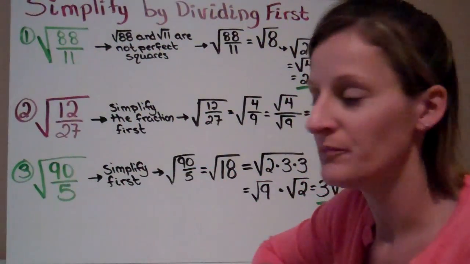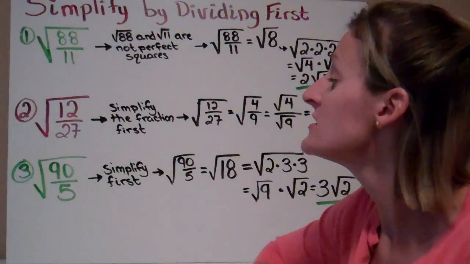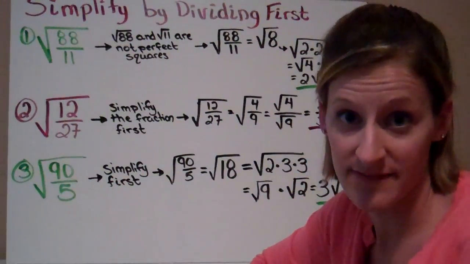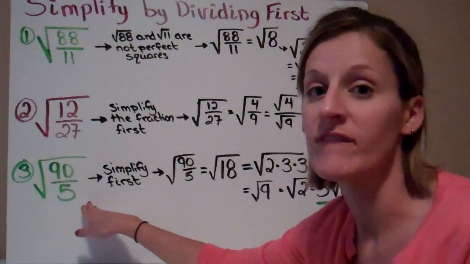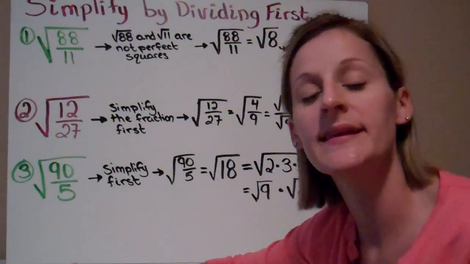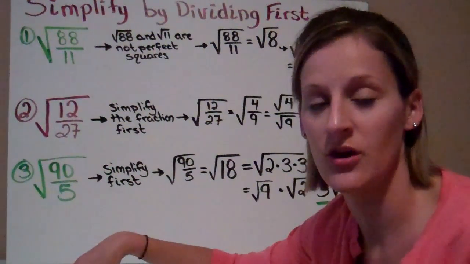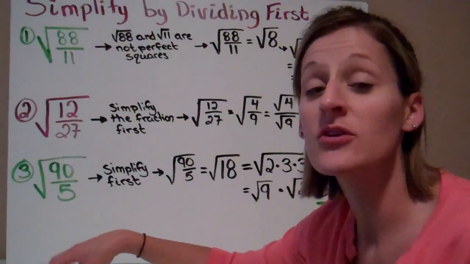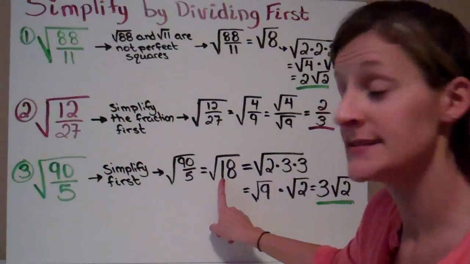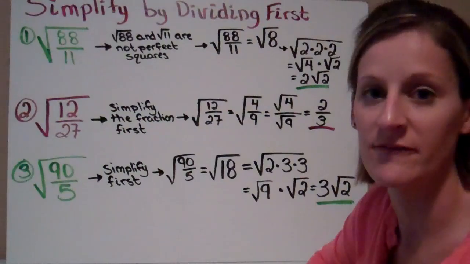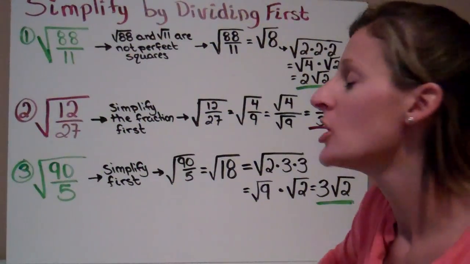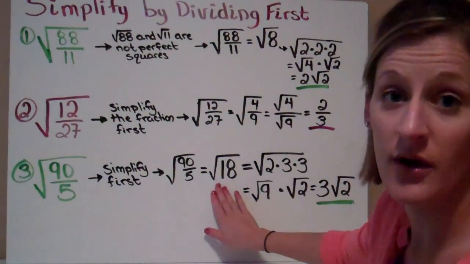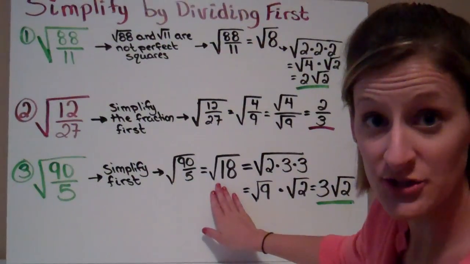This last one, the square root of 90 divided by 5. Again, 90 and 5 are not perfect squares, so what I need to do is simplify 90 over 5 first. 5 goes into 90 18 times, so now there goes my fraction. I'm left with a whole number. So I need to find the square root of 18. Do the prime factorization.